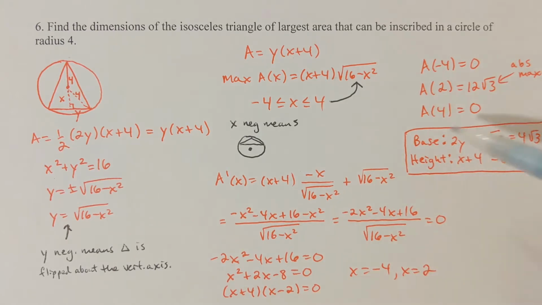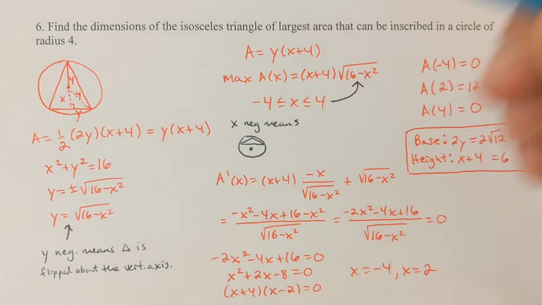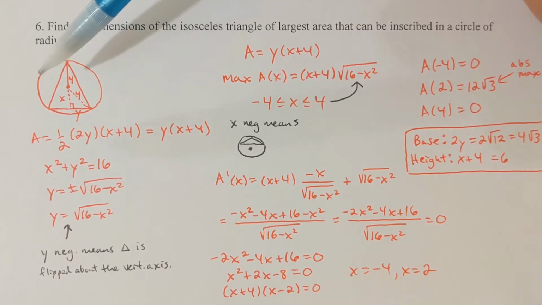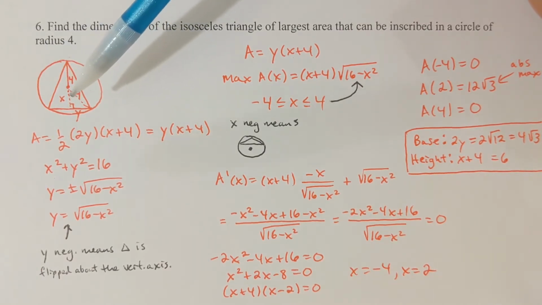Okay, so I've drawn a circle of radius 4, and I've put an isosceles triangle in the circle. Of course, an isosceles triangle would be where two legs of the triangle are going to be the same measure.